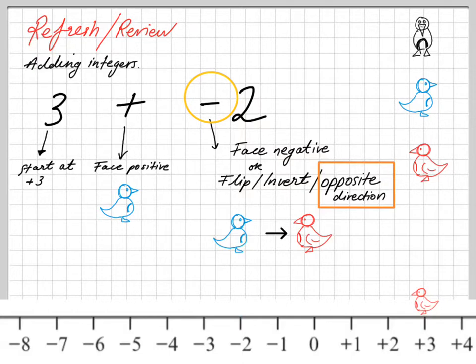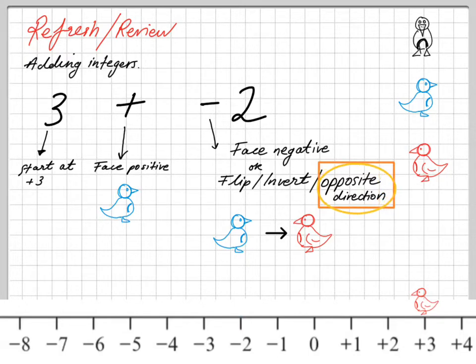I want to emphasize that opposite direction. Whenever you get a negative, you're going the opposite direction. I'd rather use that than saying going to the negative. Whenever you see a negative integer, just remember it flips, inverts, or faces the opposite direction.